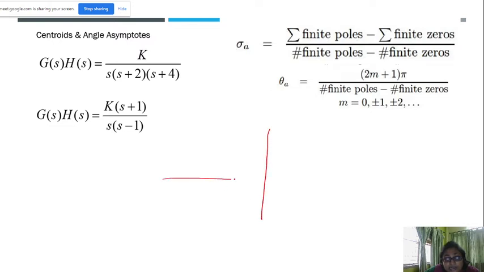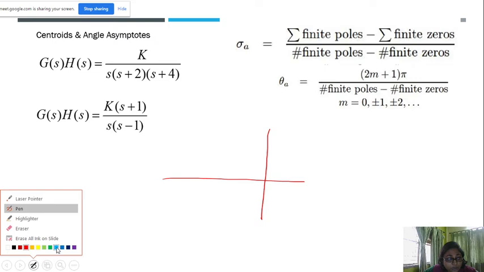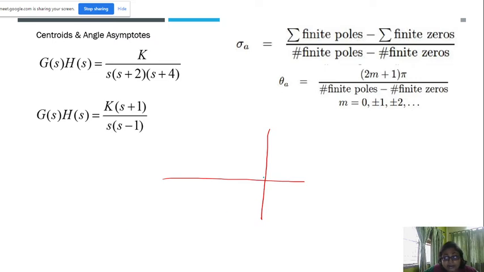So this is the S-plane. Now you are going to draw the root locus over here. So what are the poles? You know that your poles are at 0, at -2 and at -4. Now you need to draw the root locus.